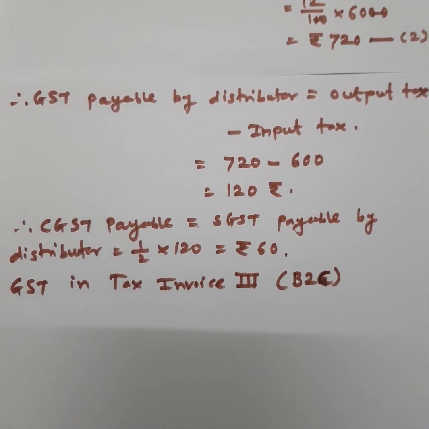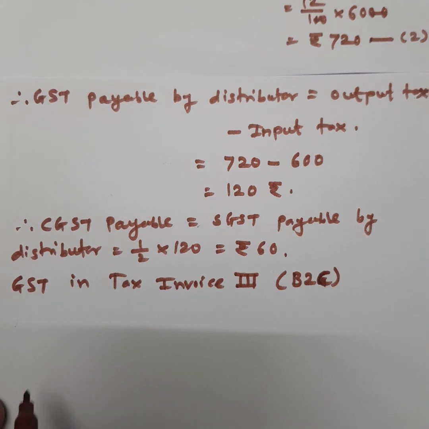Retailer sold the article to customer or consumer for rupees 6,500, rate of GST is same, therefore it is tax collected by the retailer from consumer.